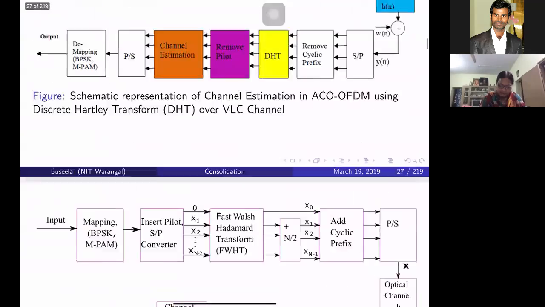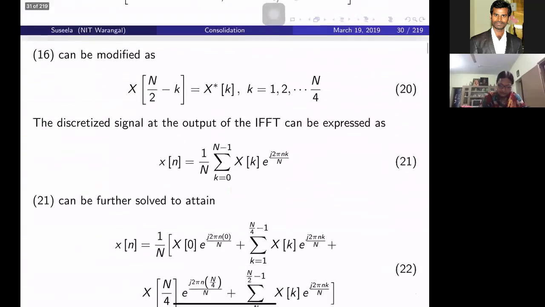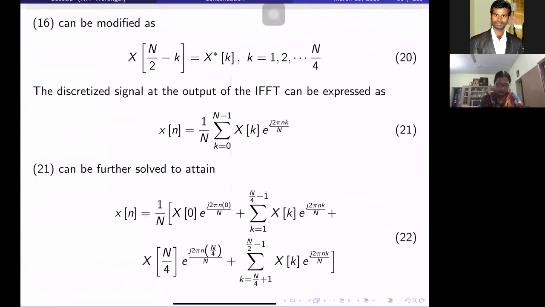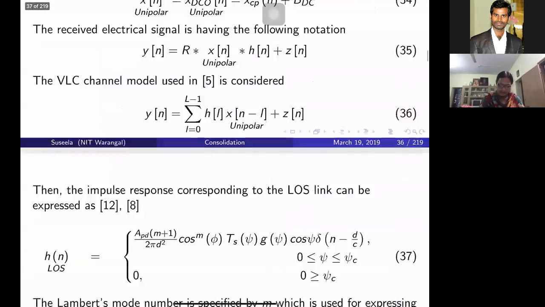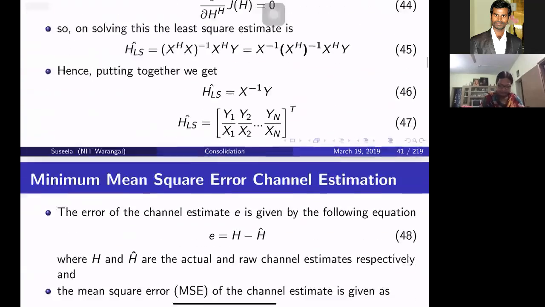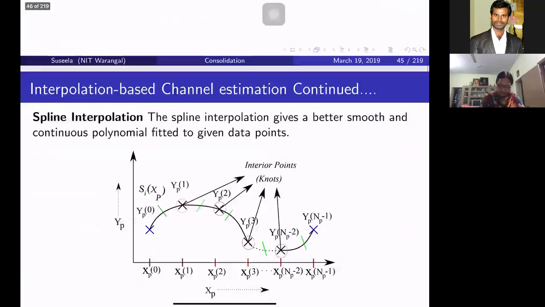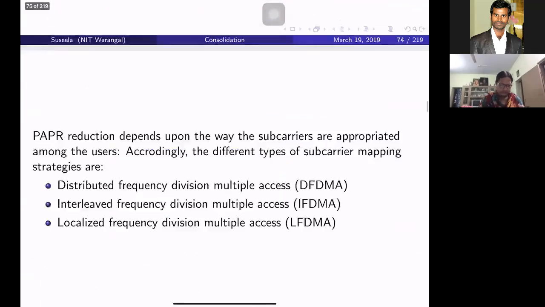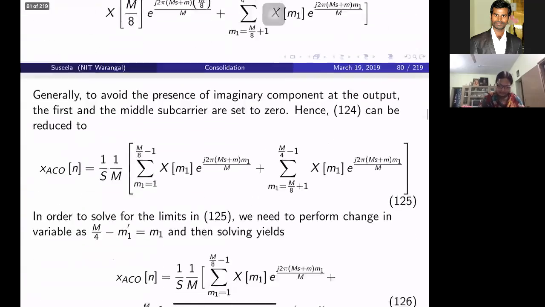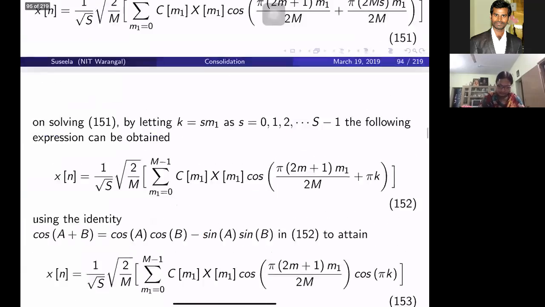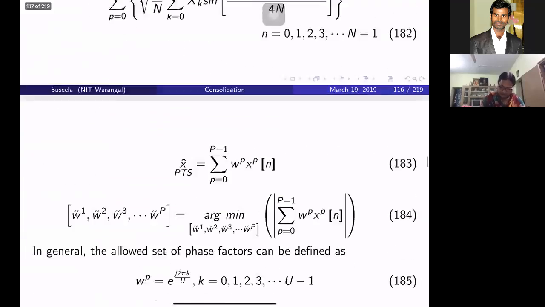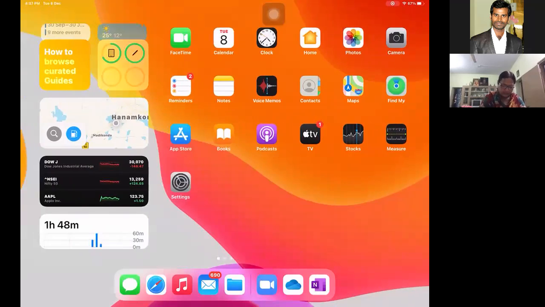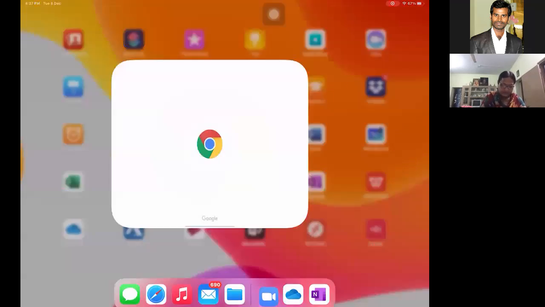So I can show you the papers we have published instead of going through the whole analysis, because it all deals with mathematics. Okay, I'll go to the papers we have published.